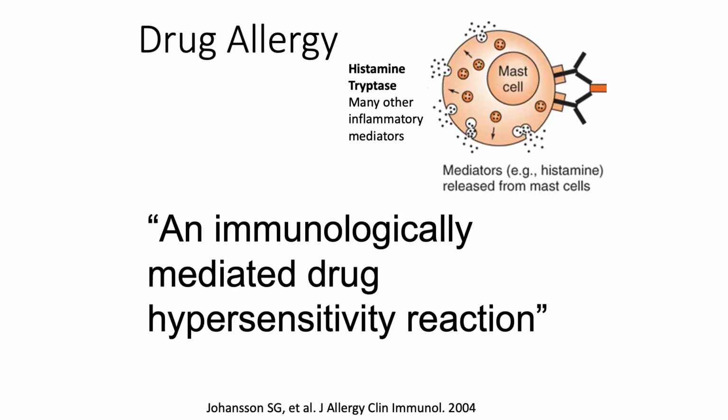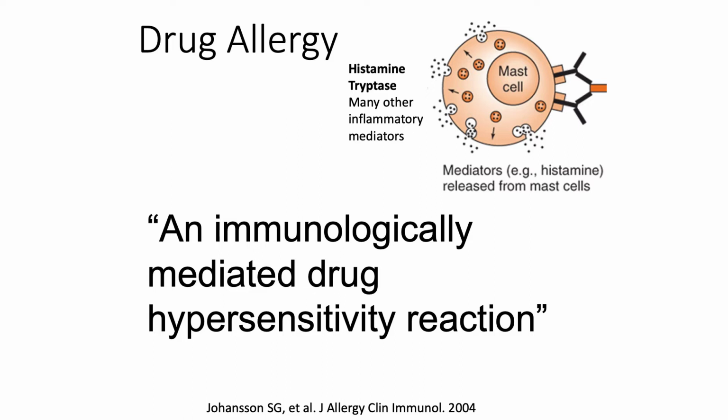So drug allergy, by definition, compared to an adverse drug reaction, is an immunologically mediated drug hypersensitivity reaction, meaning the immune system is doing something to that drug that then leads to symptoms. Classically, we think of an immediate hypersensitivity reaction, which is IgE mediated. That's the picture here, where you can imagine that little orange rectangle is a penicillin.